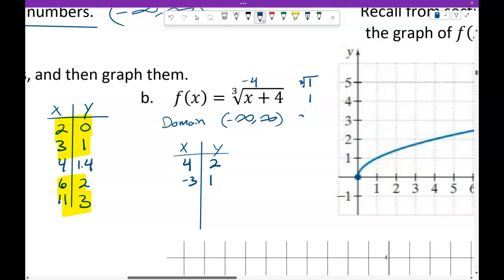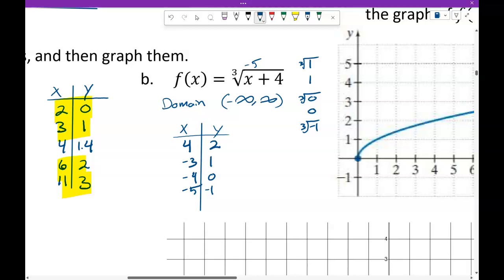Negative 4: negative 4 plus 4 is 0, so if we use negative 4, we get 0. If we do negative 5, negative 5 plus 4 is negative 1, so the cube root is negative 1. And we can even go further to negative 12. Negative 12 plus 4 is negative 8, so negative 12 gives us a cube root of negative 2.